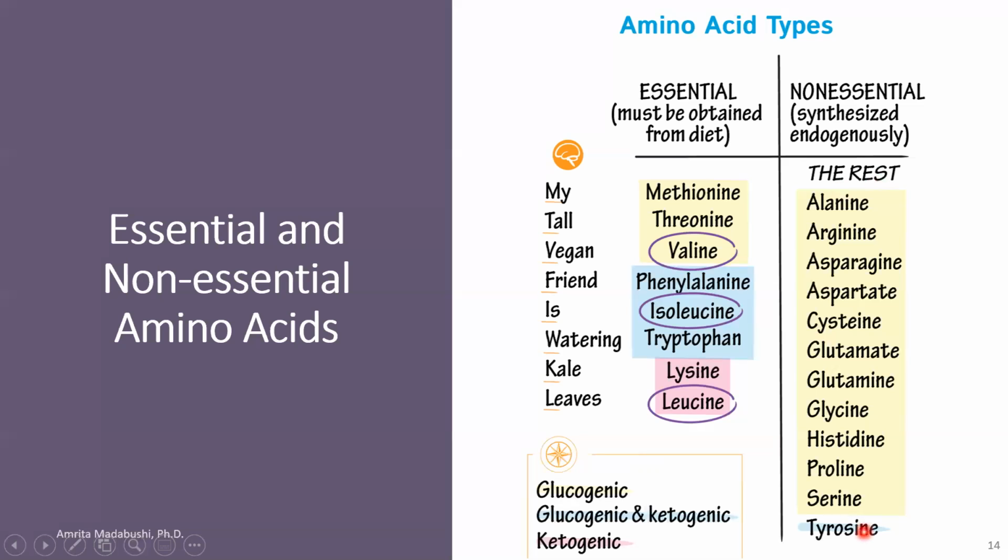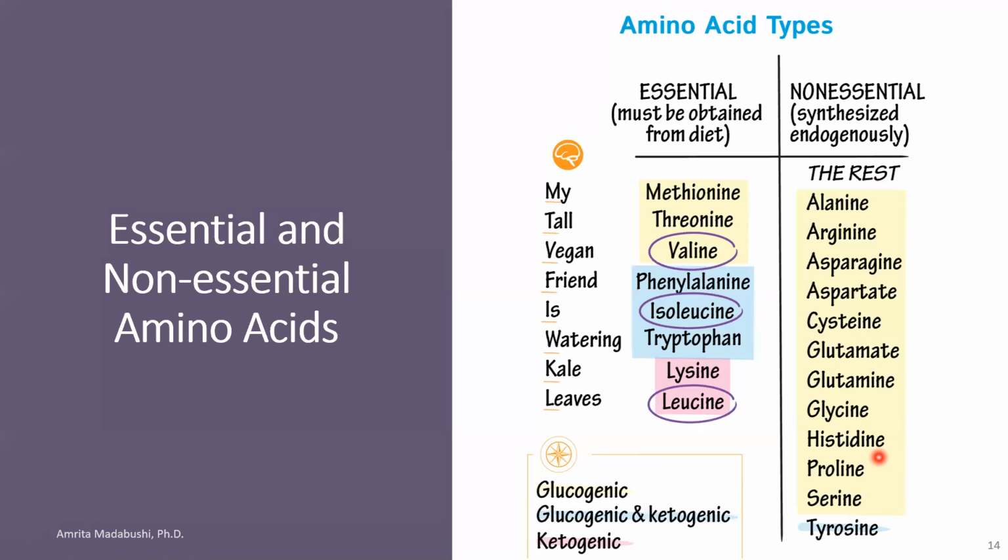These are the rest of the amino acids which you can get from your diet, and you can also synthesize them. So they are synthesized. Do I expect you to remember all of them? Not really, but I would expect you to know at least one or two, which ones are essential and which are not, at least some examples.